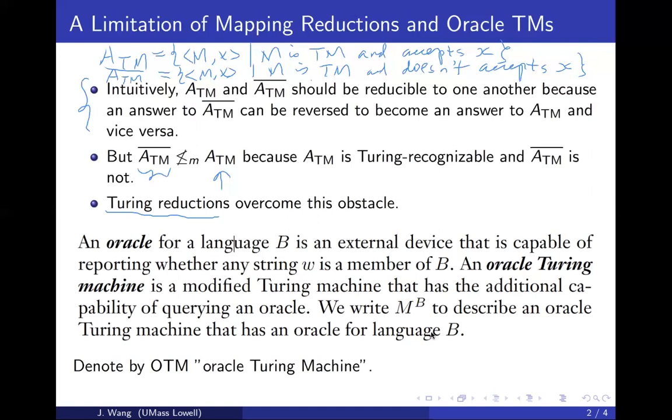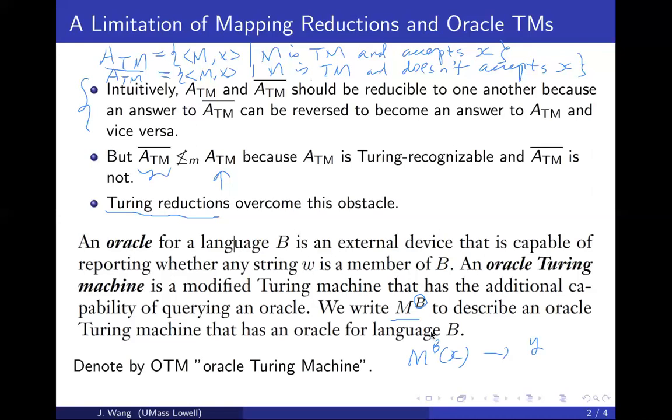All right, so an Oracle Turing machine then is a modified Turing machine that has the additional capability of querying an Oracle. So in that regard, we're going to write M to the B to describe an Oracle Turing machine that has an Oracle for language B. So at some point, let's say on input x, at a certain point, I generate a y.